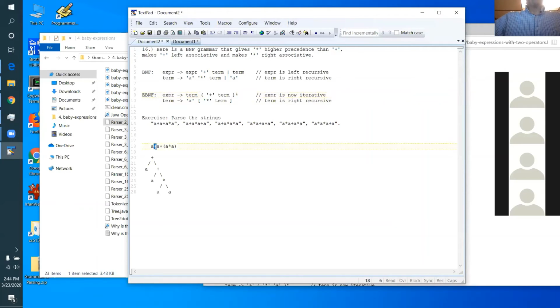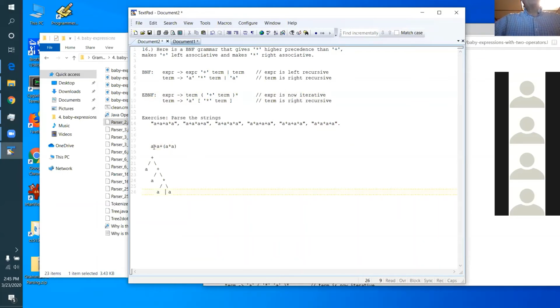There's plus, there's term, and that term is just the A. Then we do our second iteration of plus term, and the term now becomes A star A. That's what it looks like actually using the grammar to parse it.